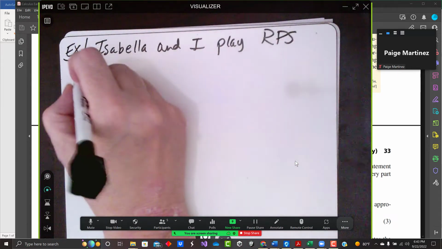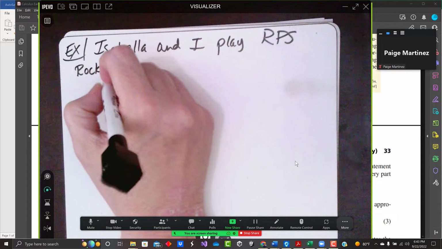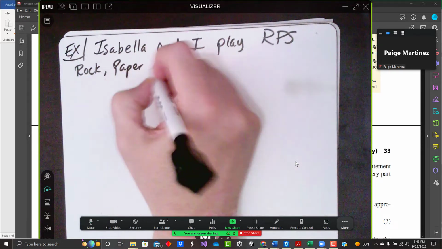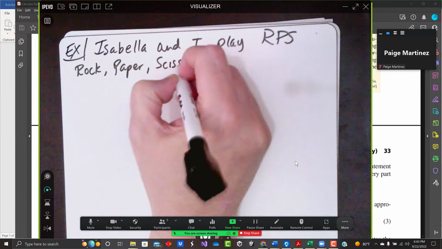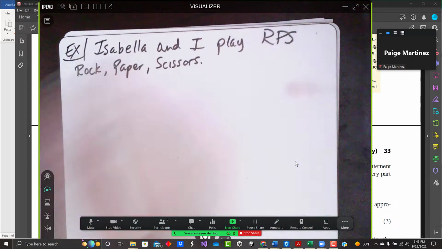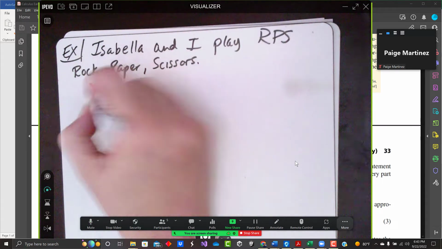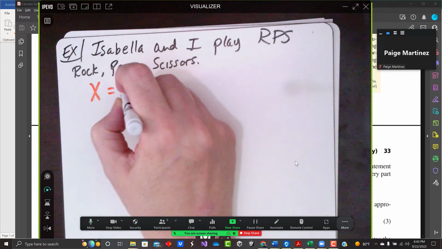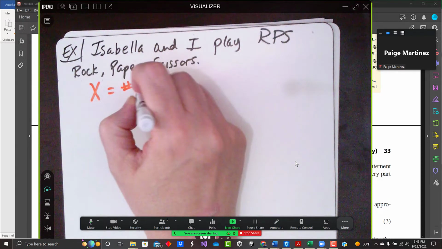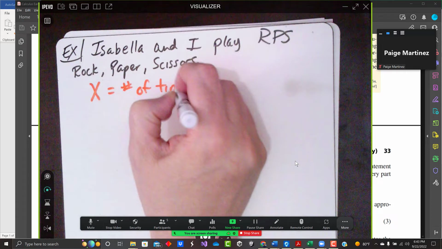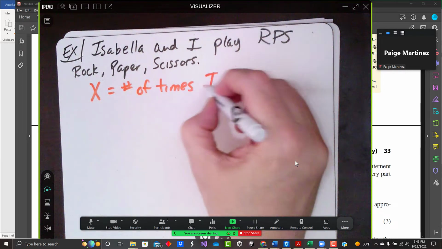RPS. I can use big X to categorize the number of times I win.